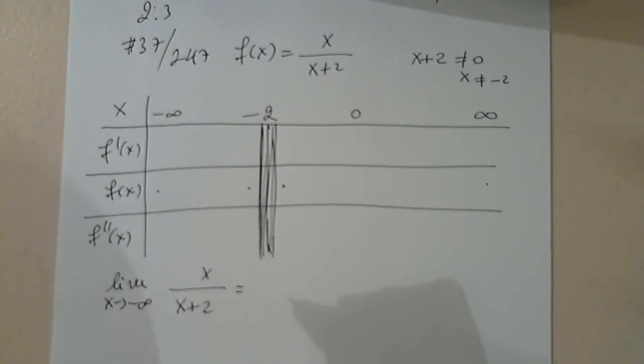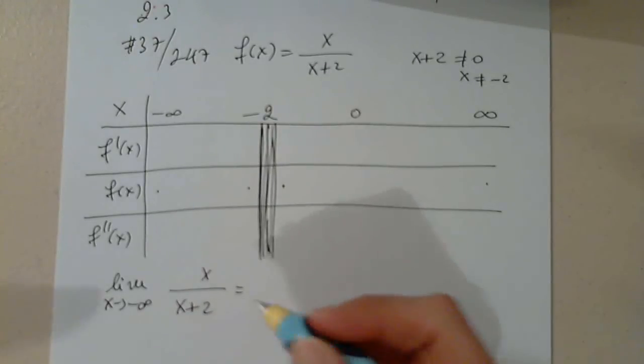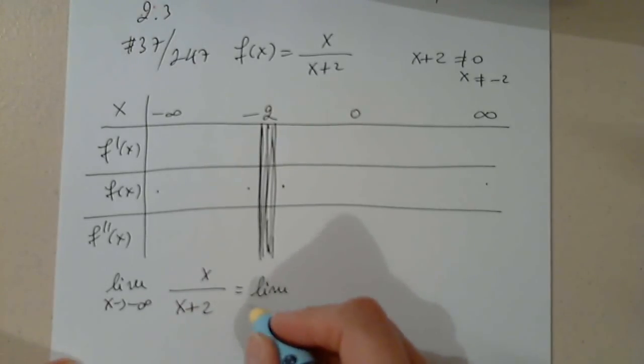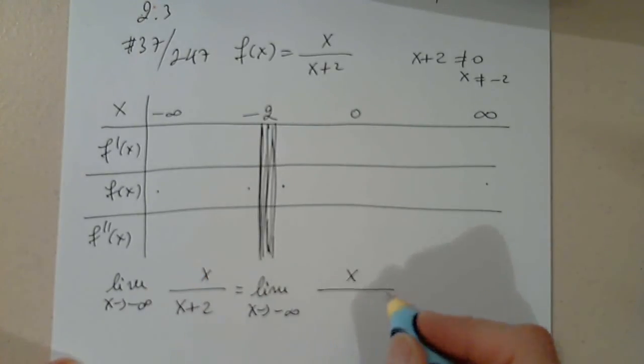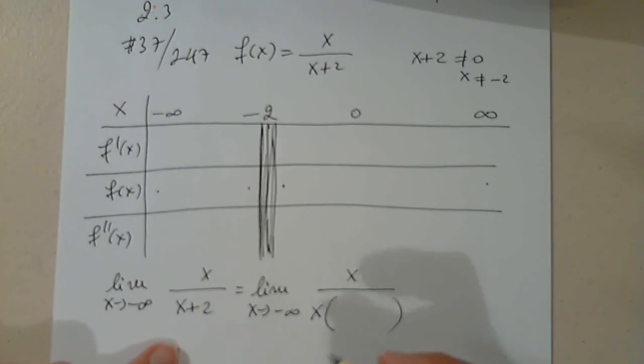When we try to determine limits of rational functions, first of all, one possible route would be this. The degree of the top is 1. The degree of the denominator is 1. So I will factor out x. x times what is x? Well, 1 plus x times what is 2? Well, it must be 2 over x.